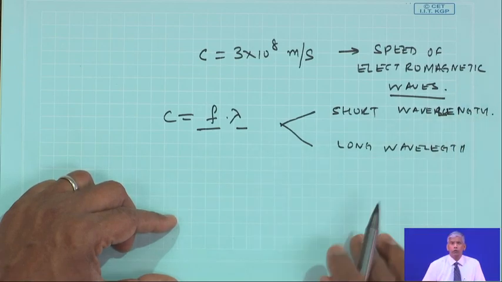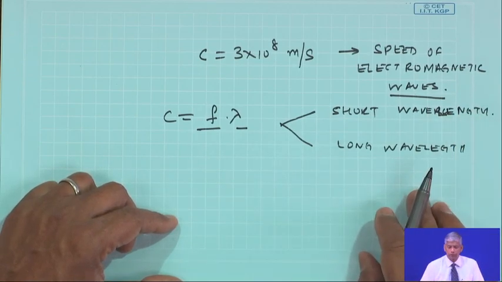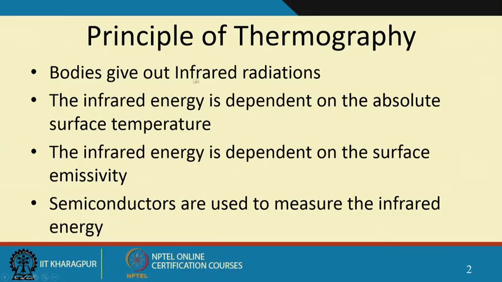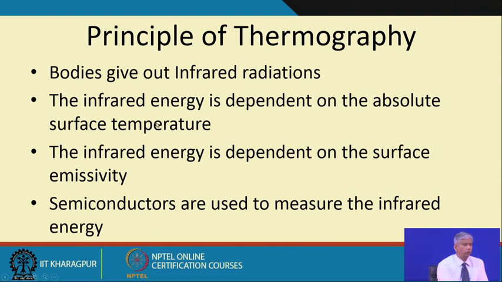So, if we talk about TV signals, radio signals, gamma rays, X-rays, ultraviolet rays, infrared, bodies always give out infrared radiation, and this infrared energy is dependent on the absolute surface temperature. You will recall there is a nice law in heat transfer, the Stefan-Boltzmann law, which we will discuss later on.